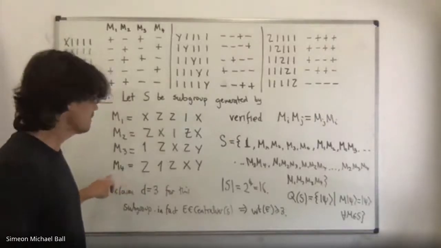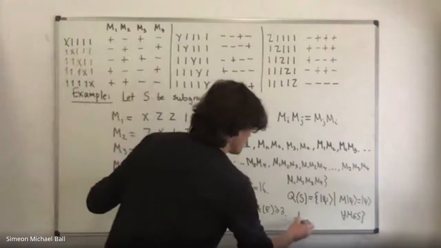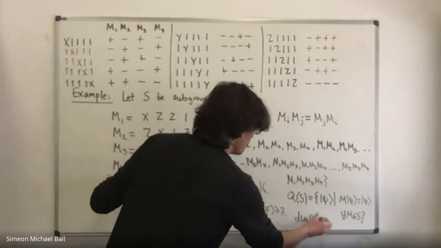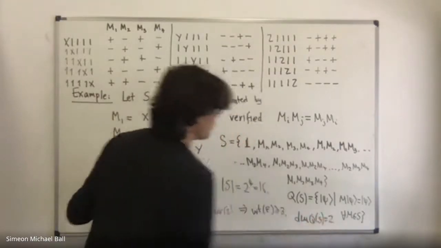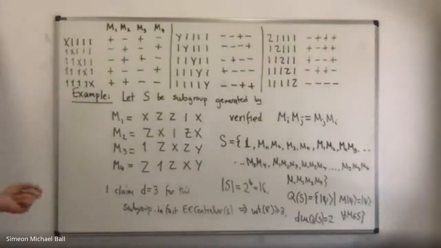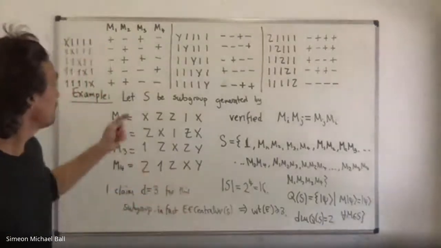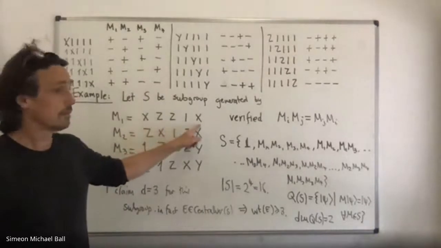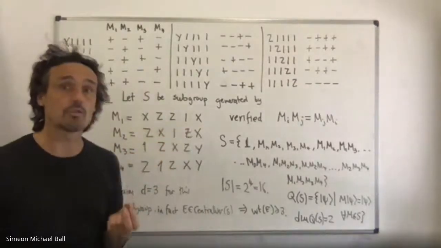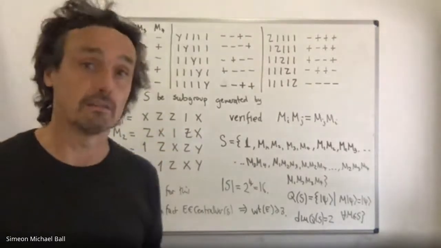This one also has, it will turn out that the dimension of QS is 2. I will prove that in a minute, but I wanted to give an example. And so the dimension is 2, so we can send 1 qubit of information on 5 qubits. That's better than the short code because the short code had 9.